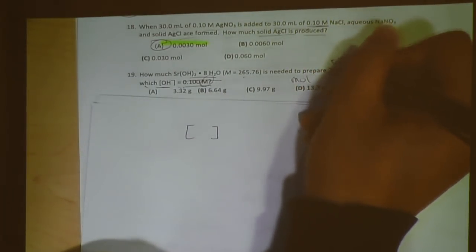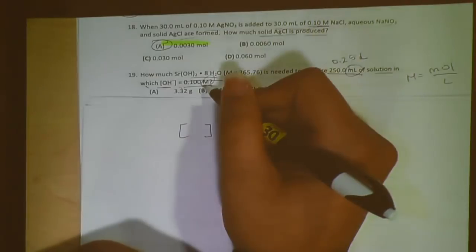So this one, because you have milliliters and you have molarity, you can easily solve for what? For moles, correct? Because M is equal to moles over liters. You're just going to convert this to liters, which is 0.25 liters. And you have the molarity, so you can just solve for moles. And when you solve for moles, you can easily convert to grams and then get the answer.